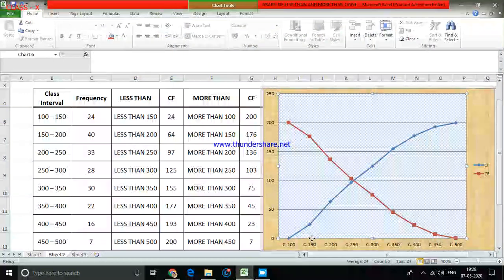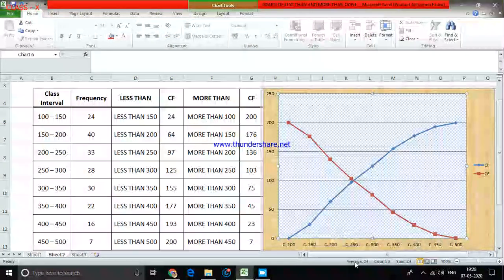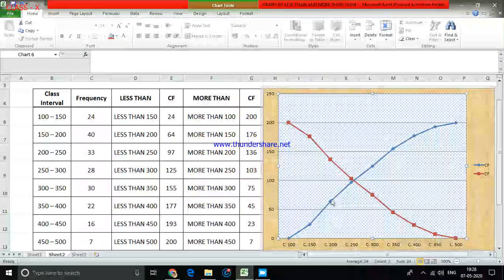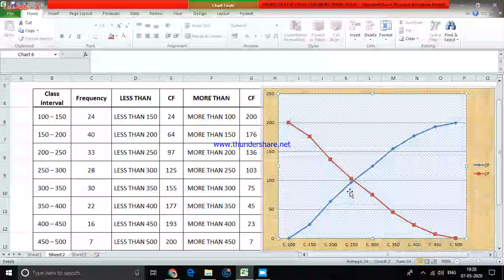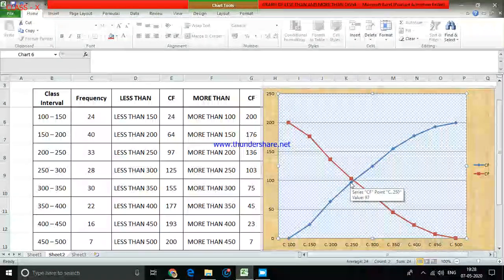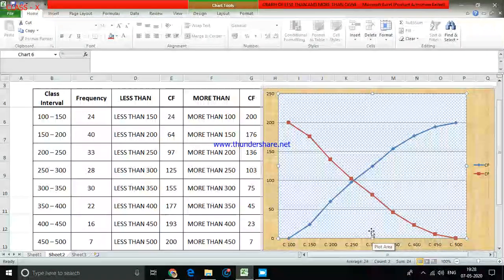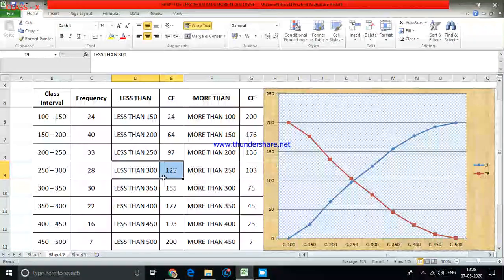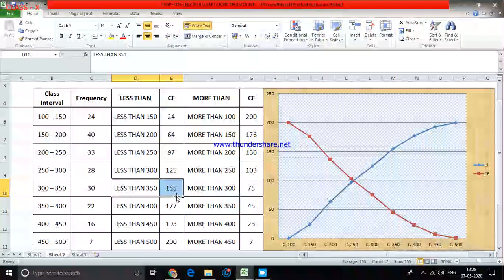So 150 comma 24, then second is 200 comma 64, third one is 250 comma 97, and 300 comma 125. You can see here 300 comma 125, then 350 comma 155.